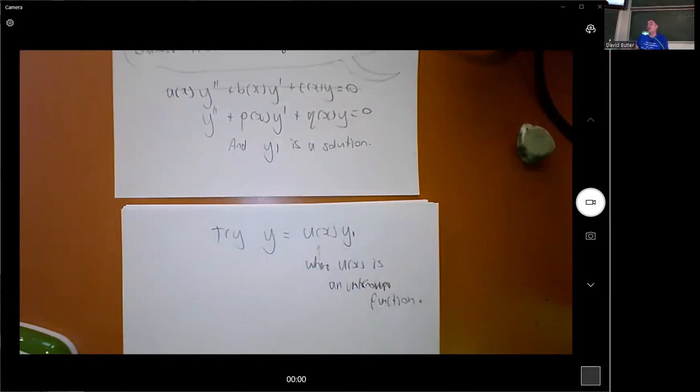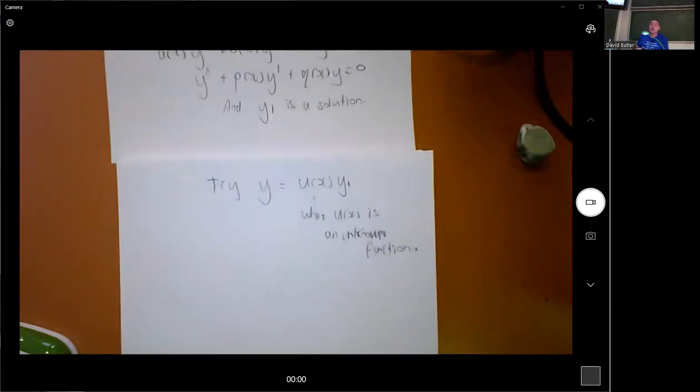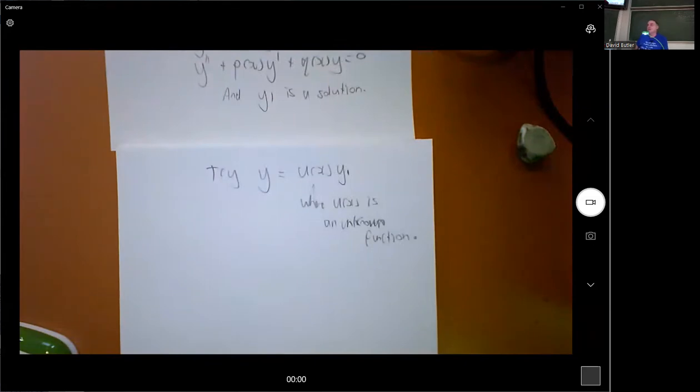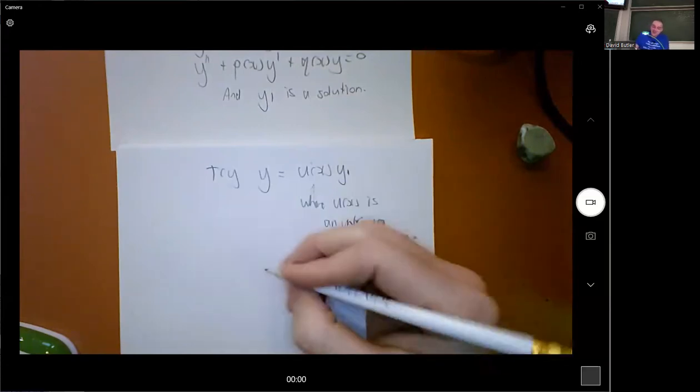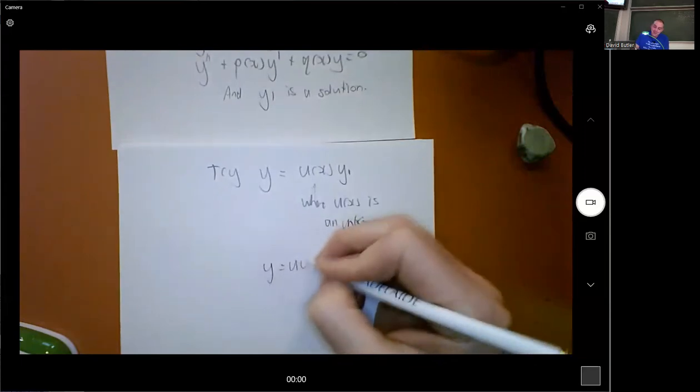We have to add some extra things to assume so that it's possible to find an answer. So, I don't know if it always works, but it works sometimes. It works because it works. I don't know why. I mean, it works because when you do it, you get an answer. That's very differential equations thing, right? Why does it work? Because look, I did it and it worked. It seems like a not unreasonable thing to do because it worked before when we're doing linear constant coefficients. So let's just hope. Okay, so y is equal to u times y1.